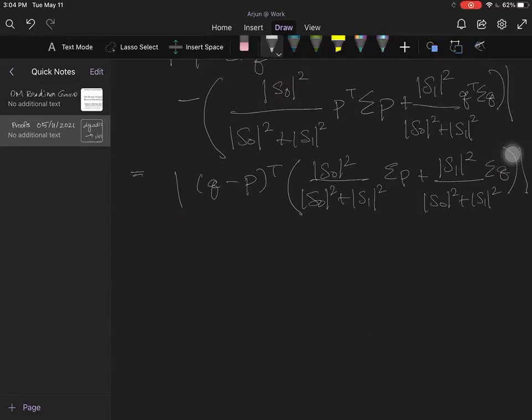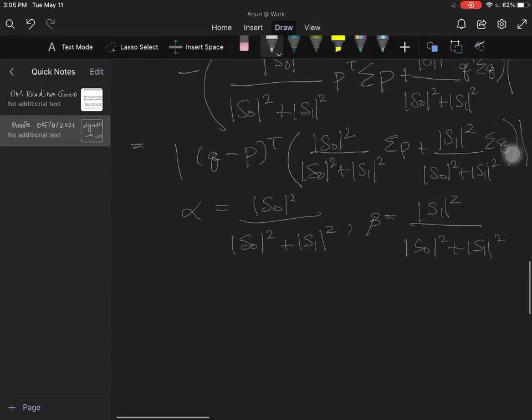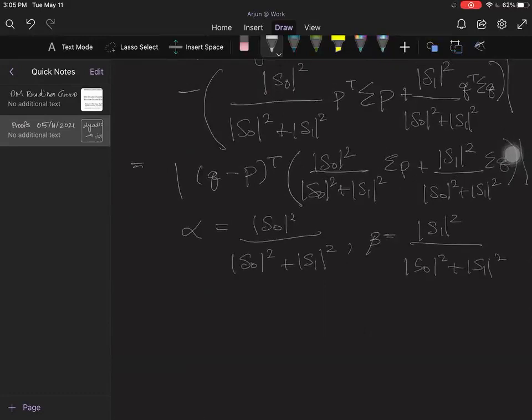So now to further simplify notation, we're going to let alpha equal S0 squared over S0 squared plus S1 squared. And we're going to let beta equal this term above. So we're just going to rewrite this.